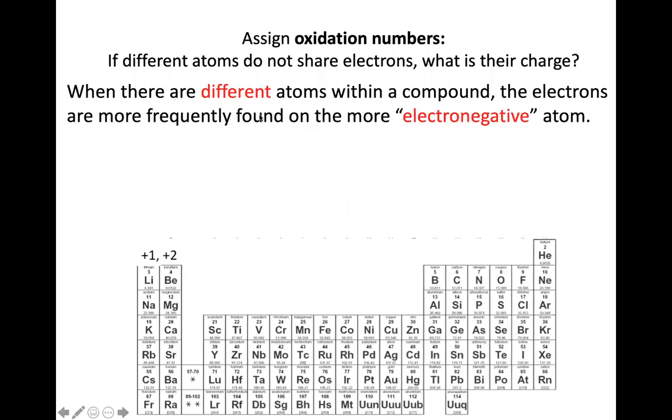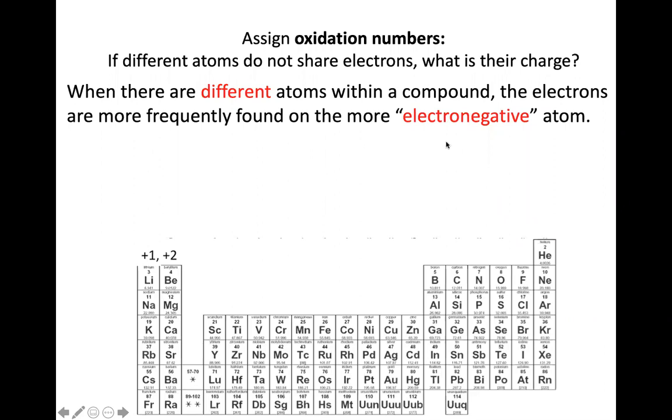When we're doing this task of assigning oxidation numbers, let me add a different idea for us. When you have different atoms within a compound, the electrons are more frequently going to be found on what I'm going to call the more electronegative atom.